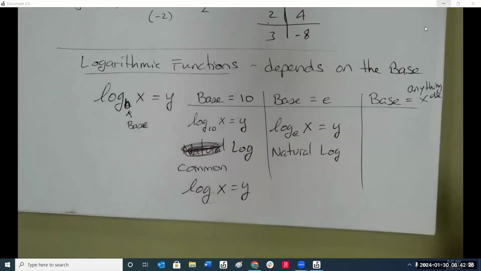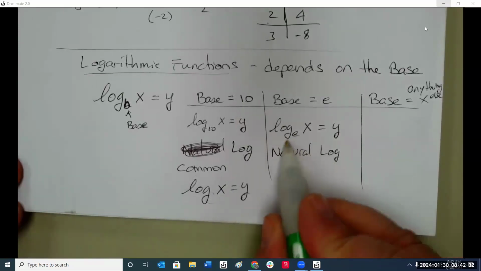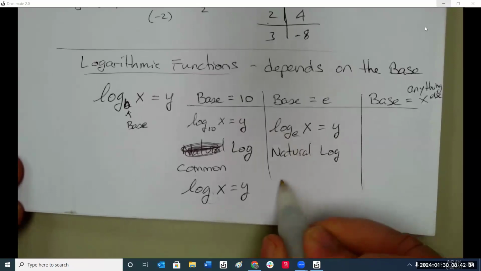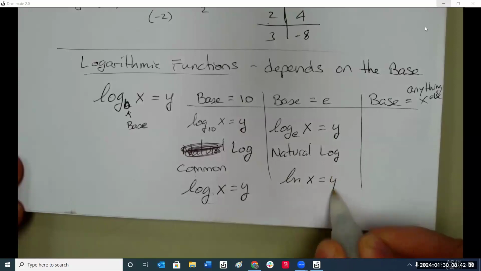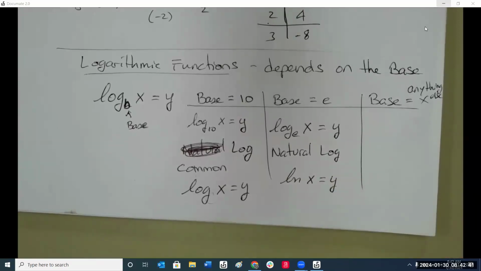E is a constant, 2.718. It's an irrational number, never stops. When we have a log base E, we have a natural log. ln x equals y. So whenever you see ln of something, we know it's a base E.